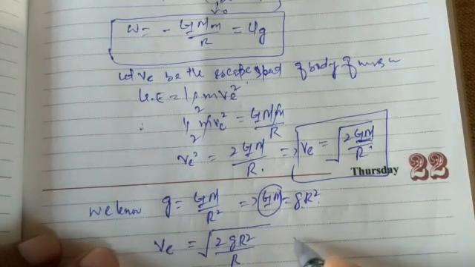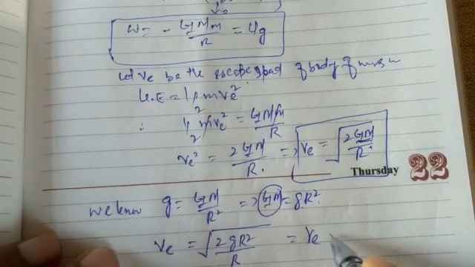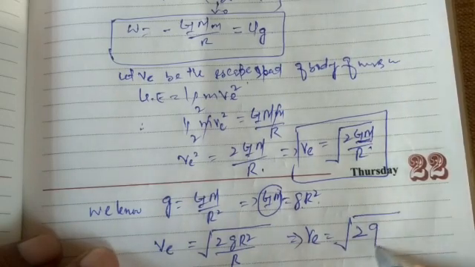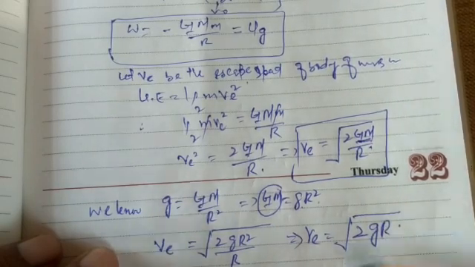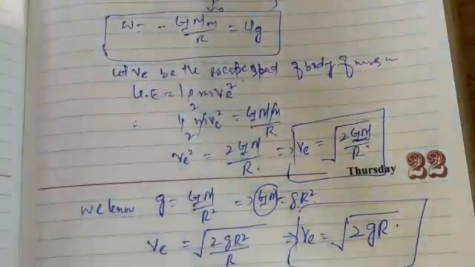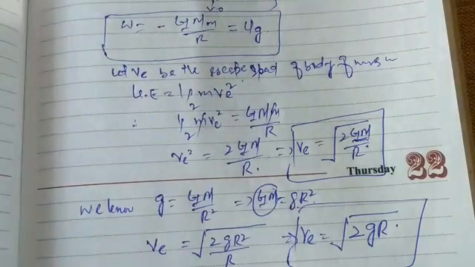This r and r will leave, and VE equals the square root of 2 g R. This is the equation for escape velocity on the surface of Earth.